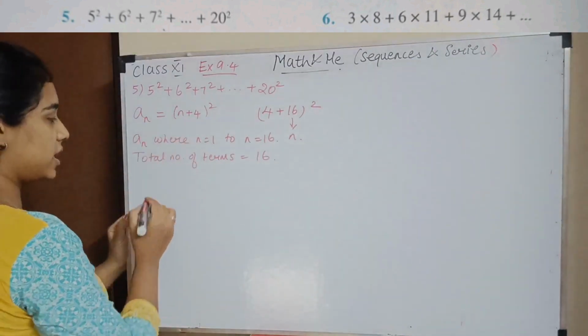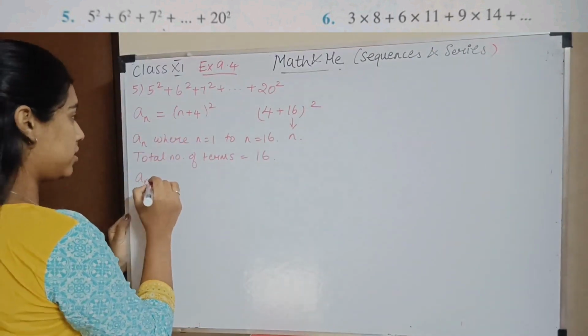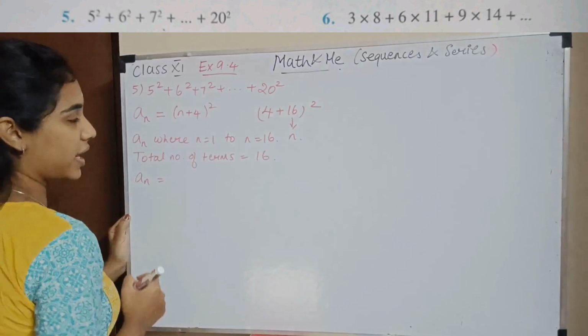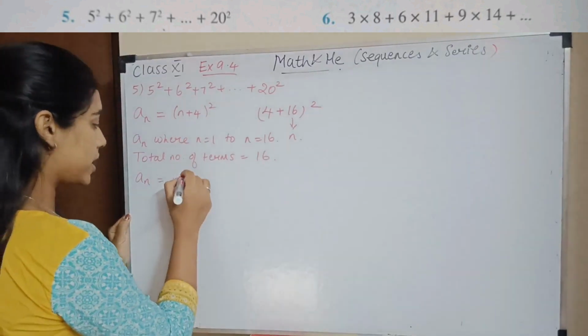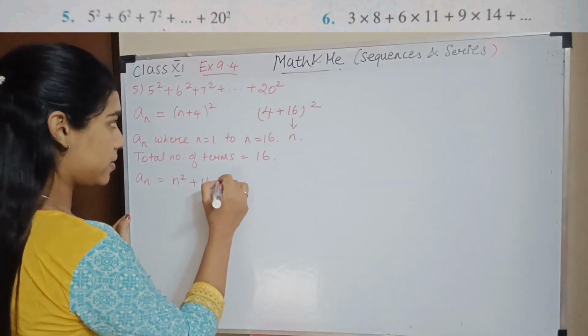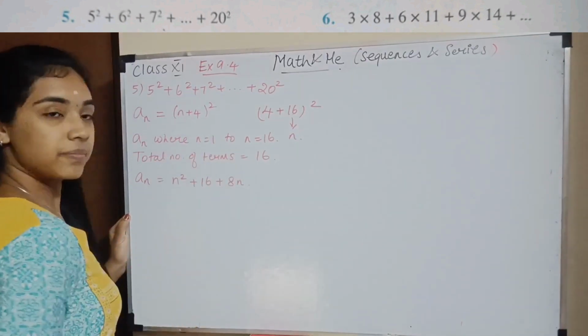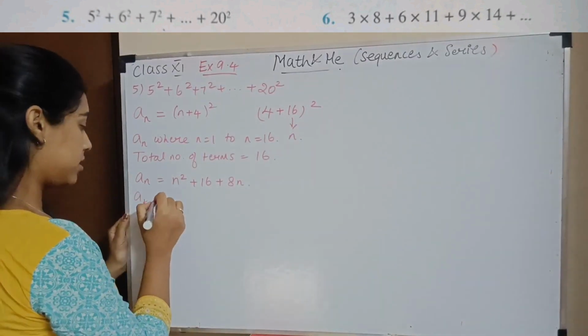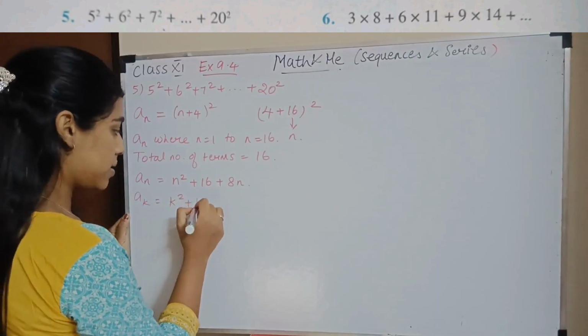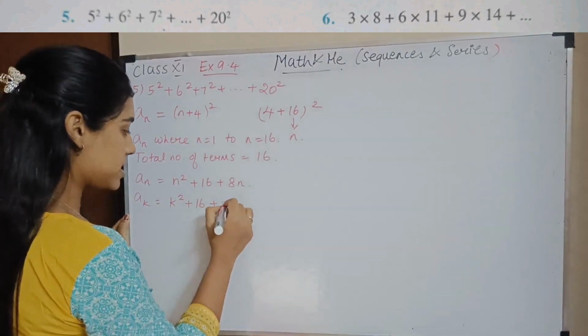Okay, let me have this aside. Let me solve the general equation. So my an equals, I'm going to open the bracket, a plus b the whole square. So a square plus b square plus 2ab. 2 times 4 is 8, so 8n. So I have ak equals k square plus 16 plus 8k.